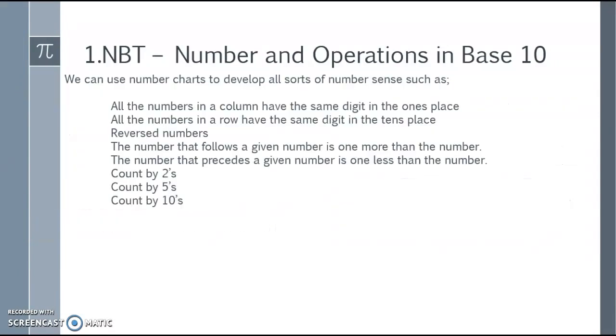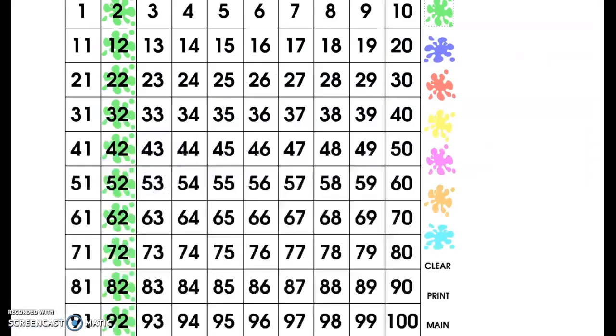We can use number charts to develop all sorts of number senses. And even though the number chart I'm going to show you ends at 100, you could easily do these same items all the way up to 120. So let's go over them. The first one I'm going to show you is that all the numbers in each column have the same number in the ones place.